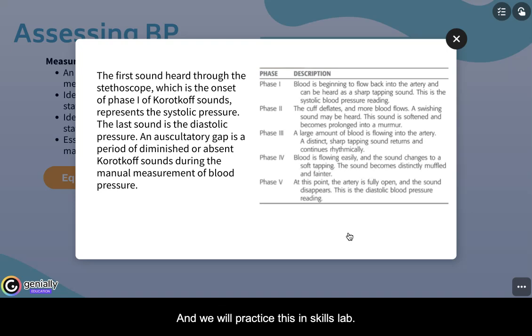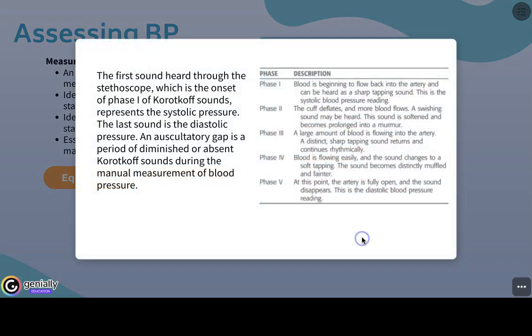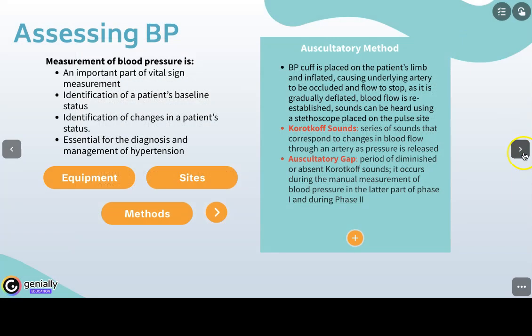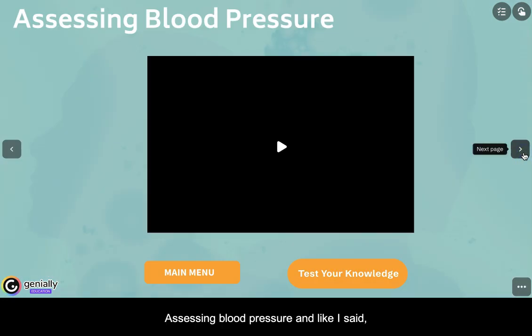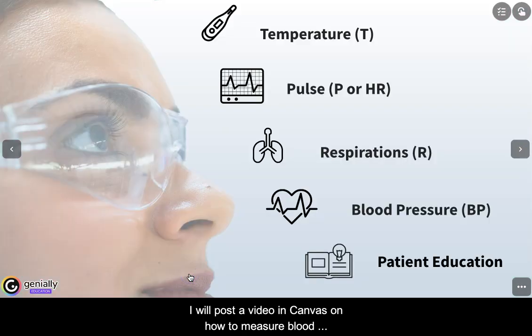And we will practice this in Skills Lab, and please review the video that I posted in Canvas, which shows you step by step how to do this as well. Like I said, I will post a video in Canvas on how to measure blood pressure, and I will also demonstrate it in Skills Lab.